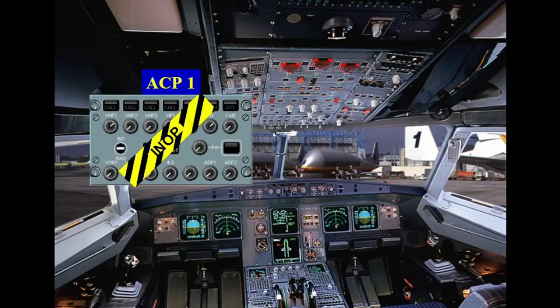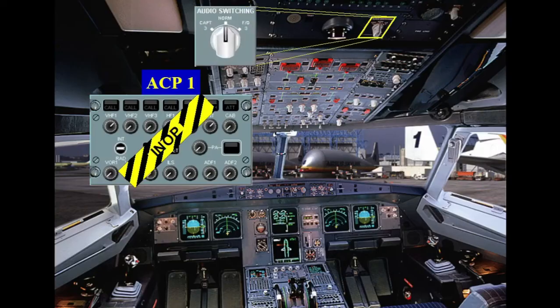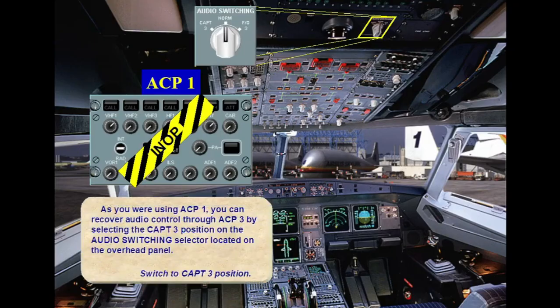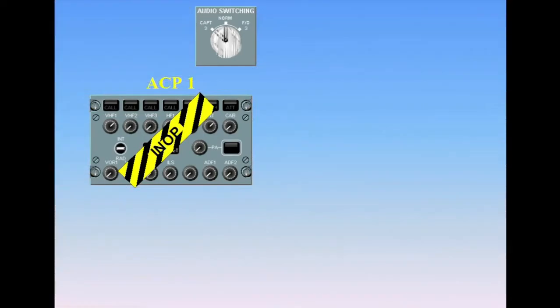As you were using ACP1, you can recover audio control through ACP3 by selecting the Captain 3 position on the audio switching selector located on the overhead panel. Switch to Captain 3 position. This selection de-energizes ACP1.